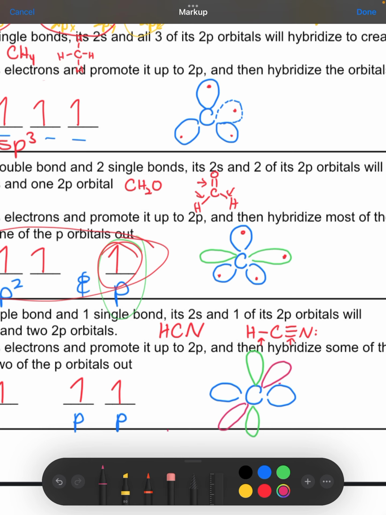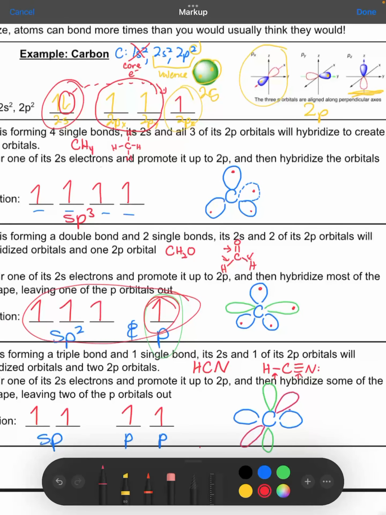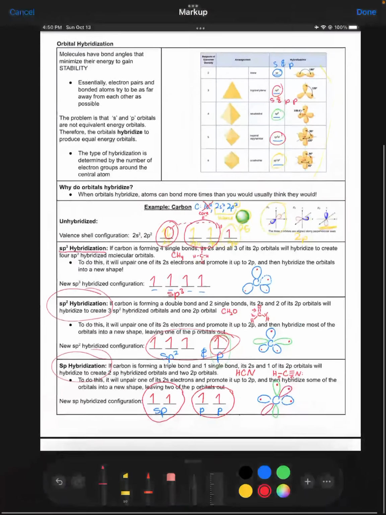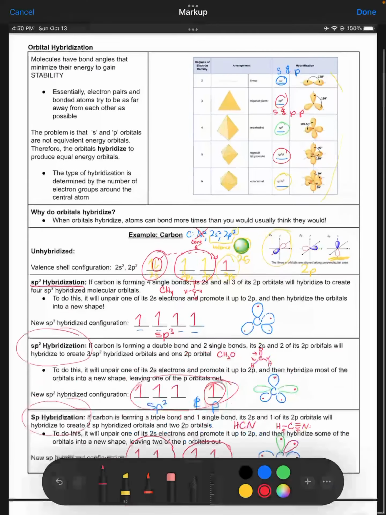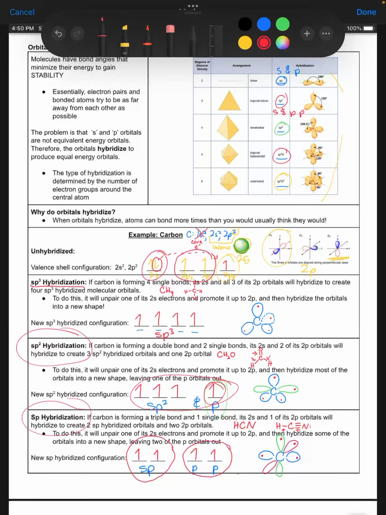Okay, so if I look back at my orbital diagram, I see that in the sp hybridized space, there's 2 unpaired arrows, so I'm going to put 1 electron in each of those hybridized ones. And then if I look at my unhybridized orbital spaces, I see that in each of those p unhybridized spaces, I have an electron. So I'm going to put 1 here in the green one and 1 here in the pink one. Okay, so that is what it looks like visually.